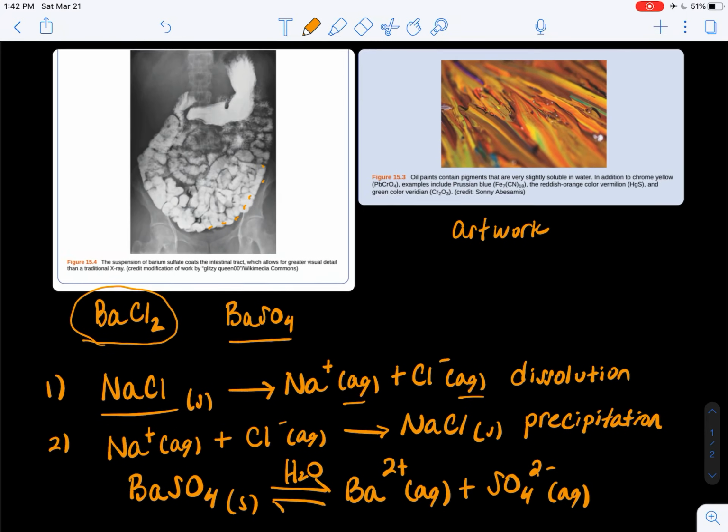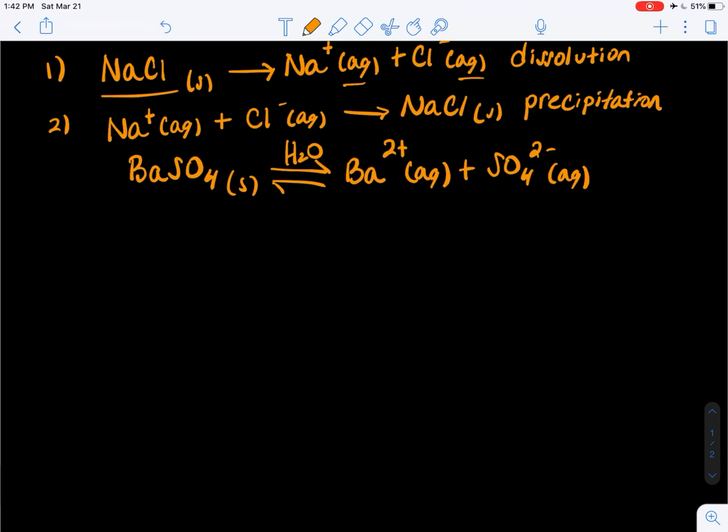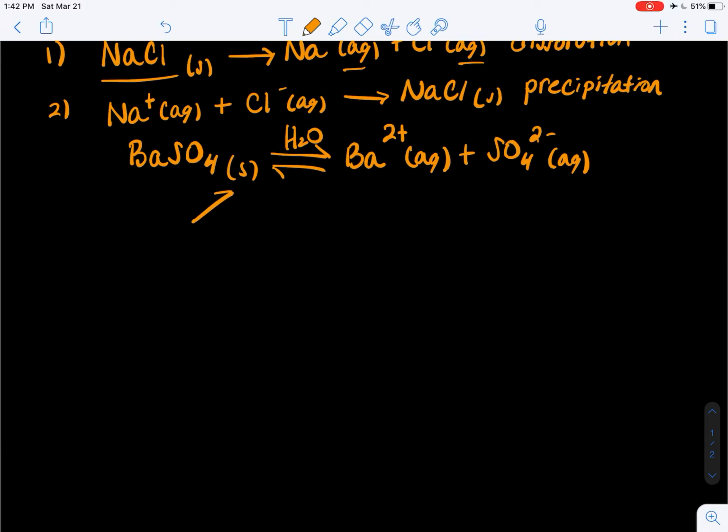Now, this is a solid, and remember how solids don't enter into the equilibrium expression. So if we were to write the equilibrium expression for this, it's typically products over reactants. So it's going to be barium ion concentration times the sulfate ion concentration divided by 1.